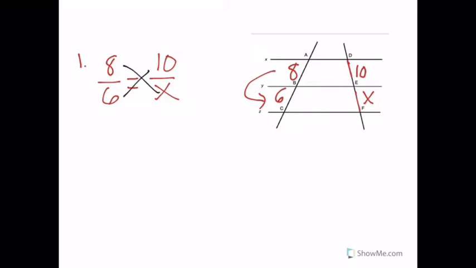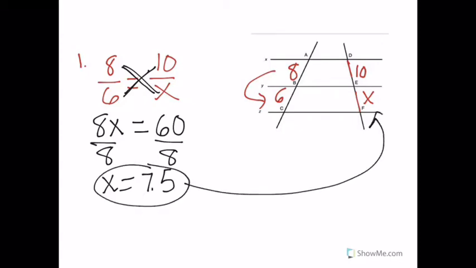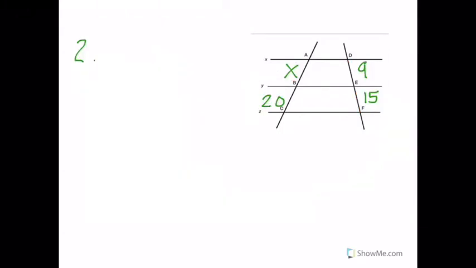And then just like before, to solve this, cross multiply. So 8 times x is 8x equals 6 times 10, which is 60. Divide both sides by 8. x equals 7.5. And that's your answer.